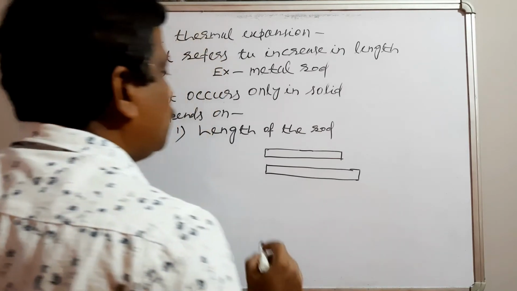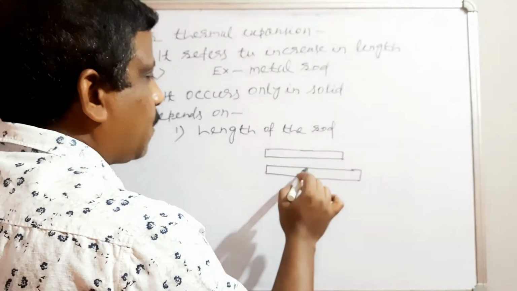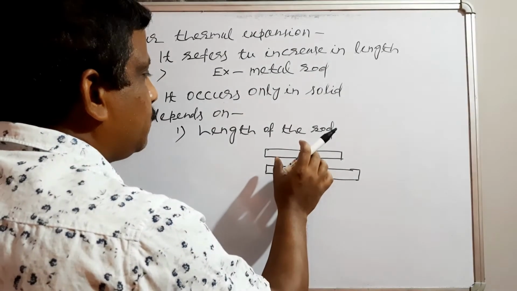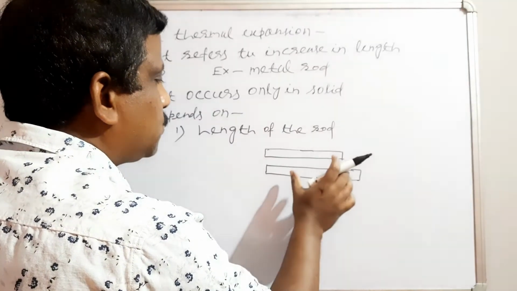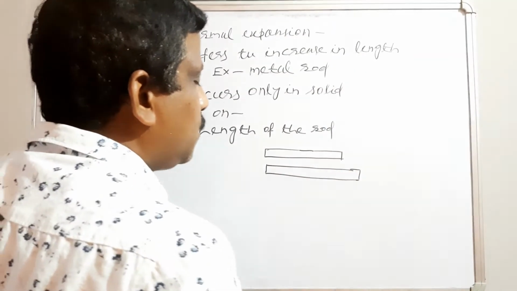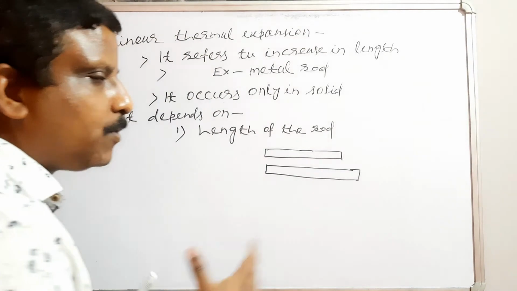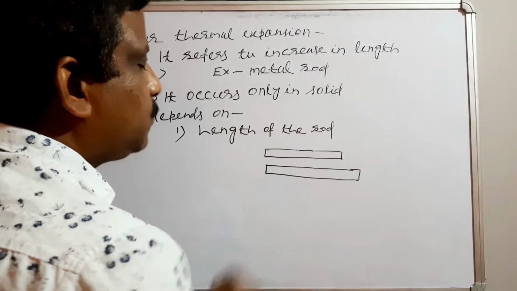Two metal rods made of the same metal are given the same amount of heat. Where will the expansion be more? The second one, because the more the length, the more the expansion. So it depends upon the length of the rod.